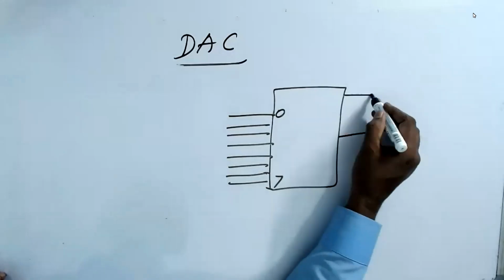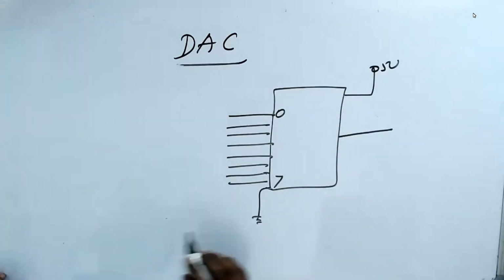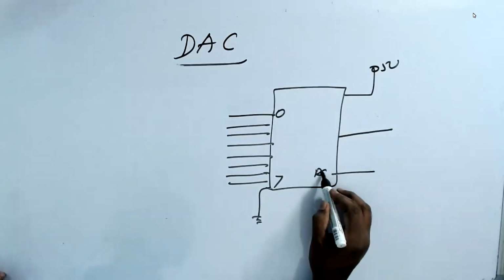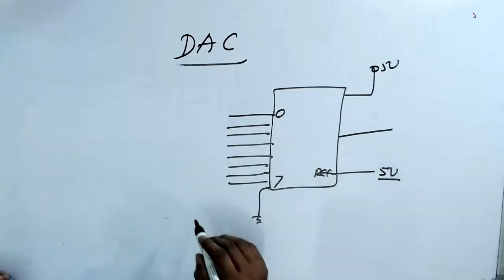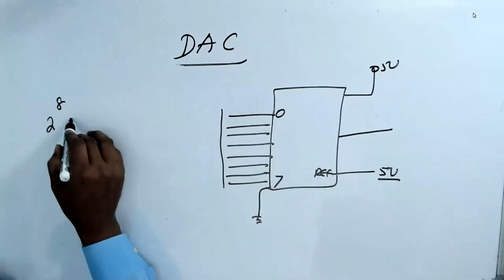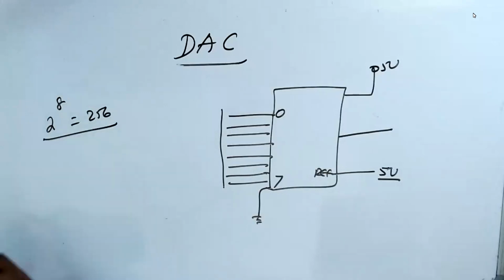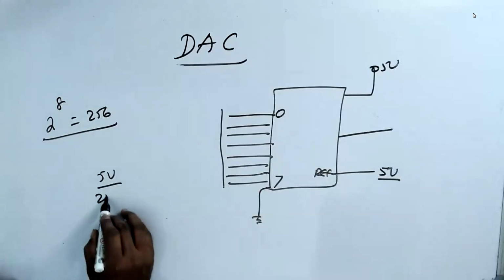I apply 5 volt and ground, and I apply a voltage called reference, 5 volt. The reference voltage is used when these numbers are at peak. It's having 8 wires, so 2 power 8, 256 levels. So 5 volt divided by 256 levels.